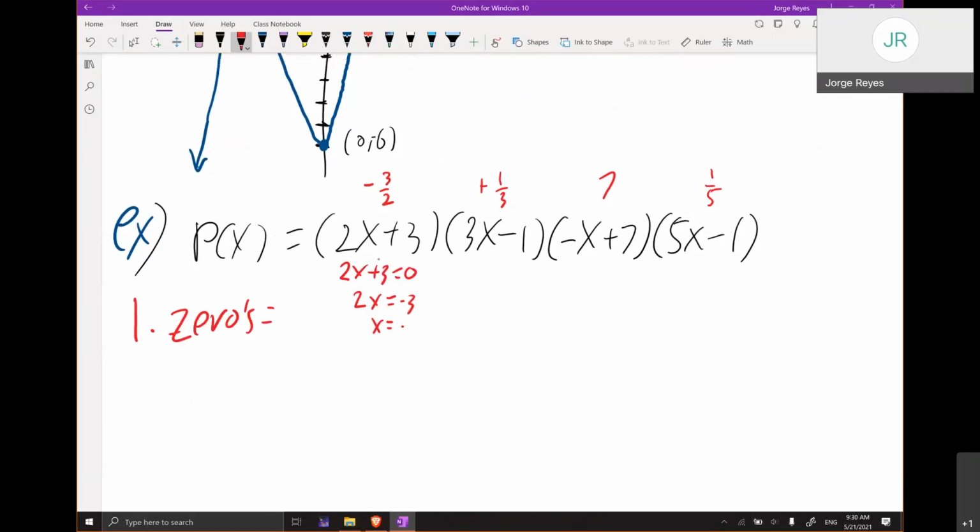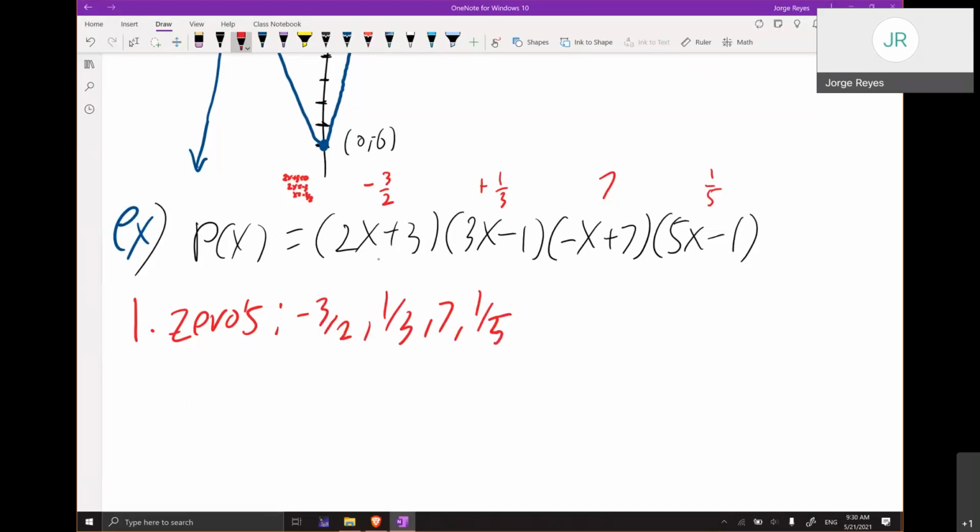Okay, that's what I did for all of them. Okay, so the zeros, which are the x-intercepts, -3/2, 1/3, 7, 1/5. Okay, so they're kind of jumbled.